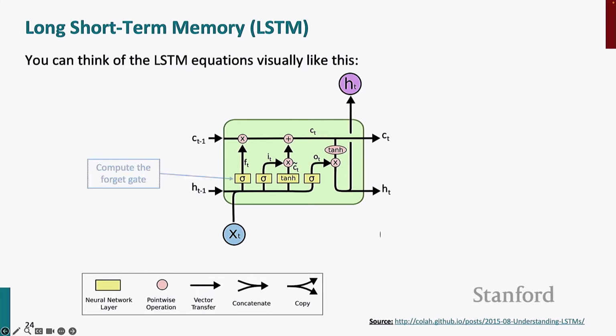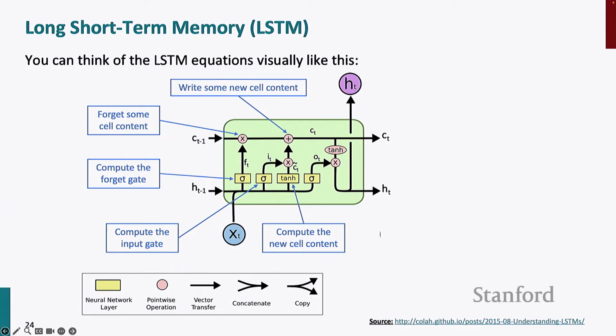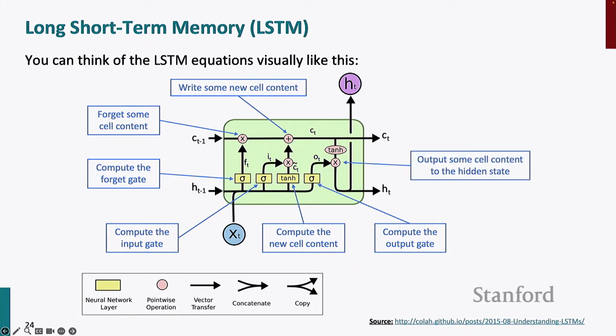And so you're computing the forget gate, you're forgetting some of the cell content, you're computing an input gate, you're using that to compute a potential new cell content. You write some of that into the cell depending on the input gate. Then you compute an output gate, and then some of the cell will go into the computation of H depending on the output gate.